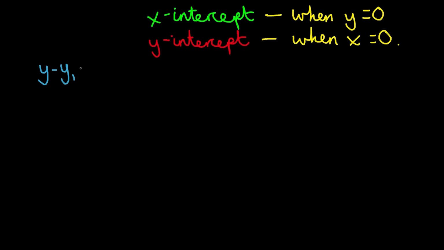This is where we have y minus y1 is equal to m times x minus x sub 1. And remember, m is the gradient, and we're given a point, x sub 1, y sub 1. So say we have this point, (2, 7), and we have a gradient m is equal to 3.